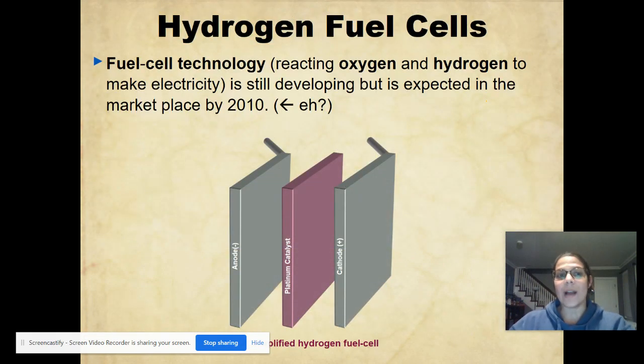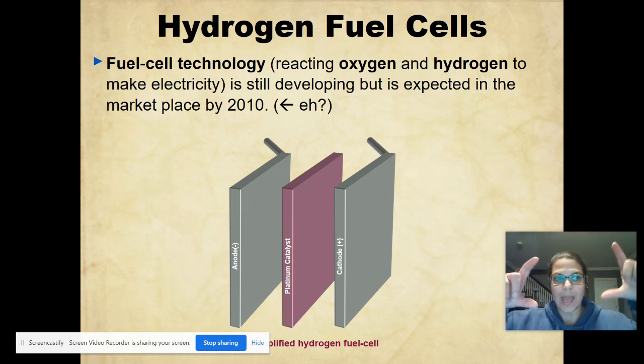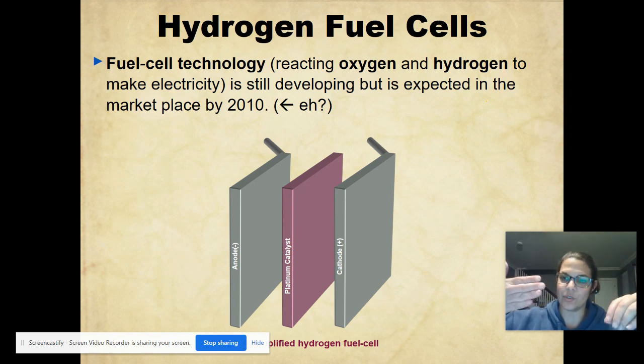Okay. Ooh, hydrogen fuel cells. What this does is it reacts oxygen and hydrogen to make electricity. The issue we have with hydrogen fuel cells is we need hydrogen as the source, and we haven't figured out how to make the hydrogen efficiently. It's more energy intensive to make the hydrogen to then use it in the fuel cells, so it's not efficient at all.